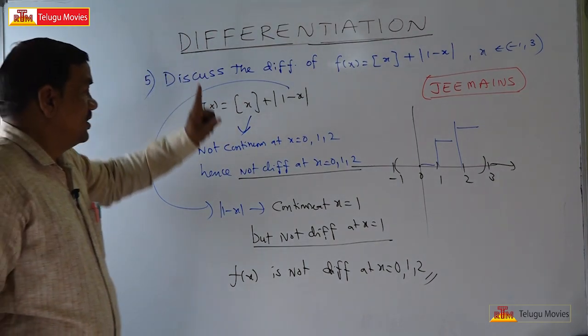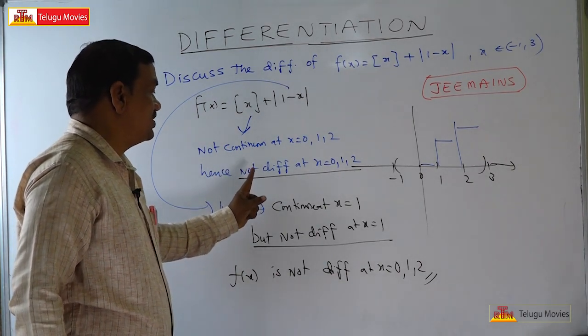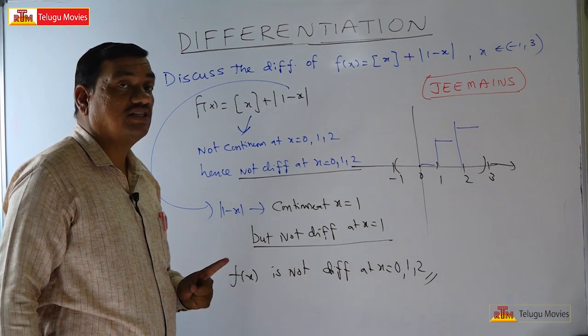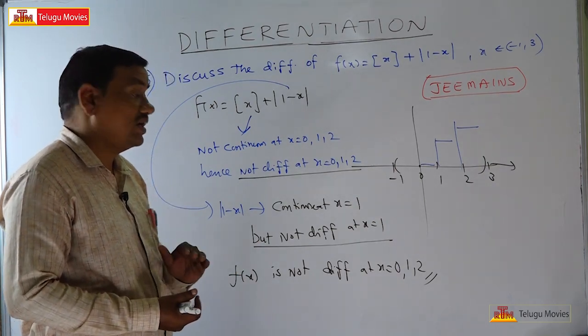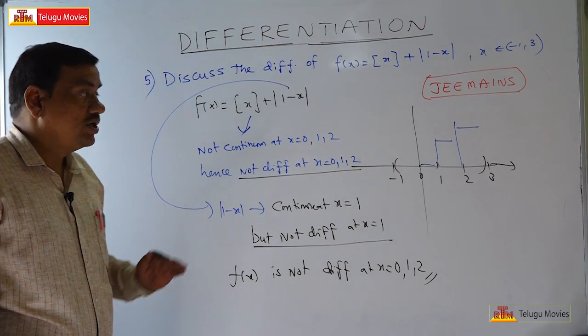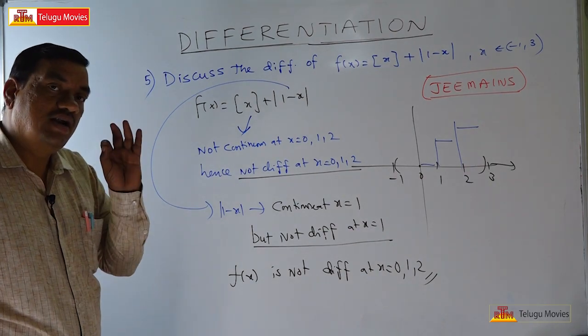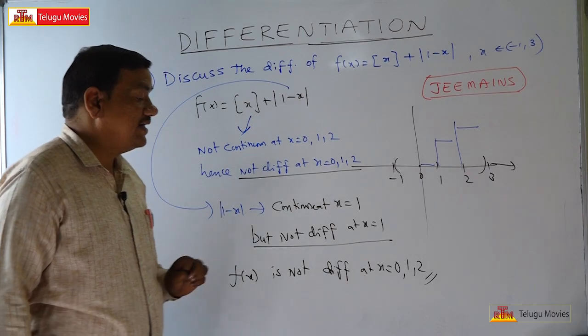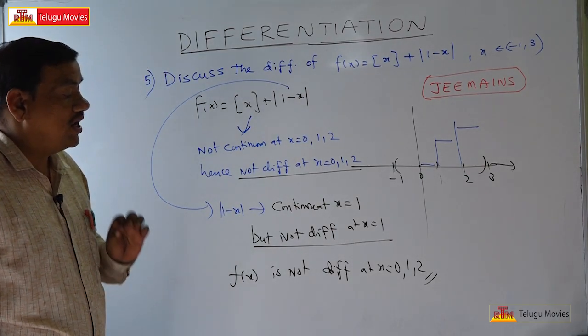Understand this? The first function is not differentiable at 0, 1, 2 and the second function is not differentiable at x = 1, because at x = 1 you will have a sharp edge. If you combine these two together, definitely the function is not differentiable at 0, 1, 2.